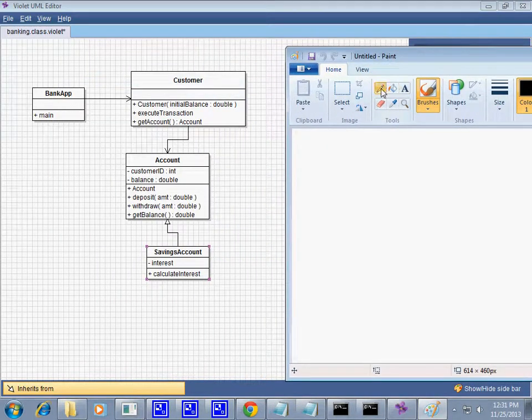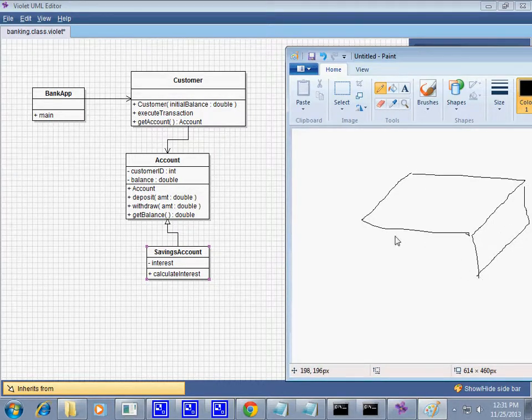that at runtime, someone says savings account equals and creates new savings account, what happens is that, of course, savings account is a class, and an object is occupying certain memory.